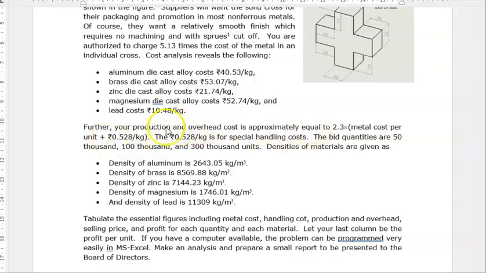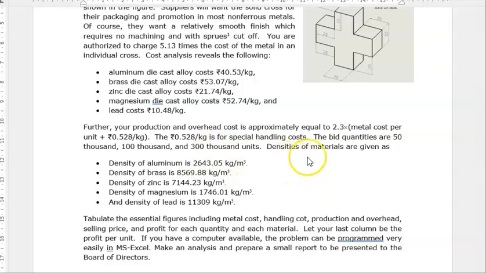So production and overhead costs are 2.3 times metal cost plus 0.528. This 0.528 is for special handling cost. The bid quantities are 50,000, 100,000 and 300,000. So the president needs to specify if it is 50,000, what is the cost? If it is 100,000, what is the cost? If it is 300,000, what is the cost?